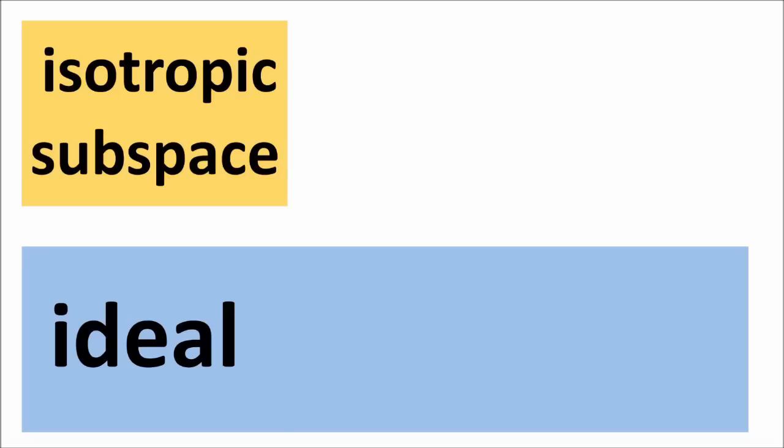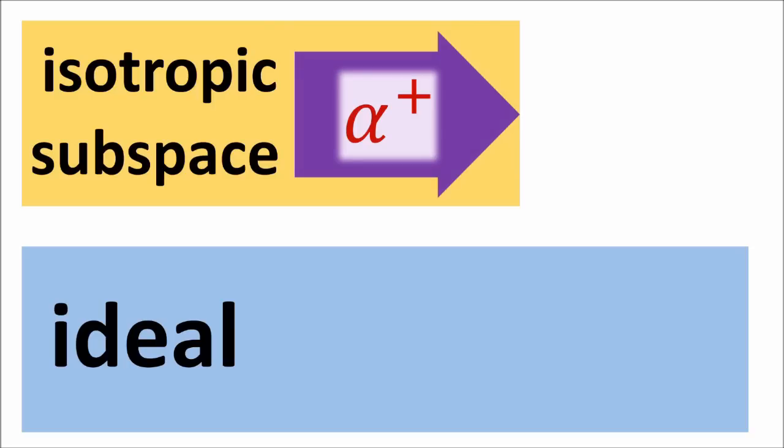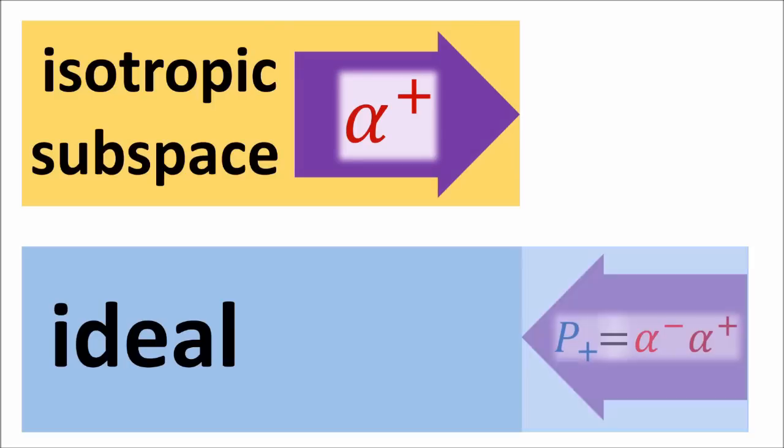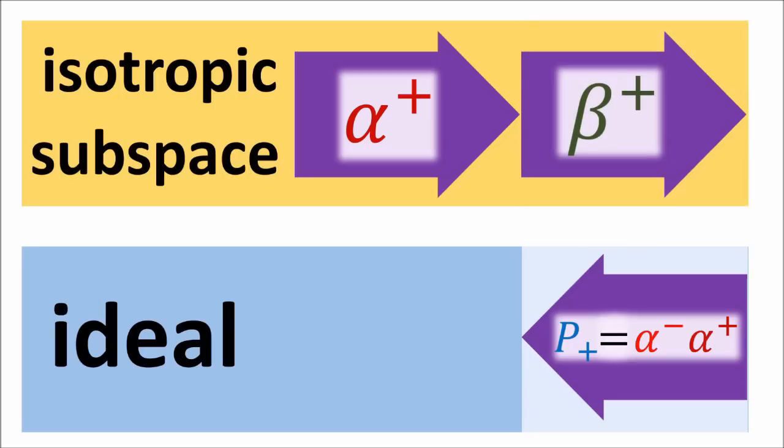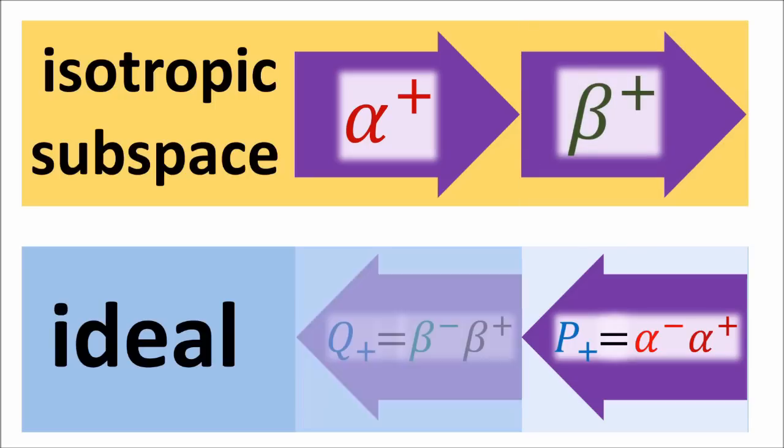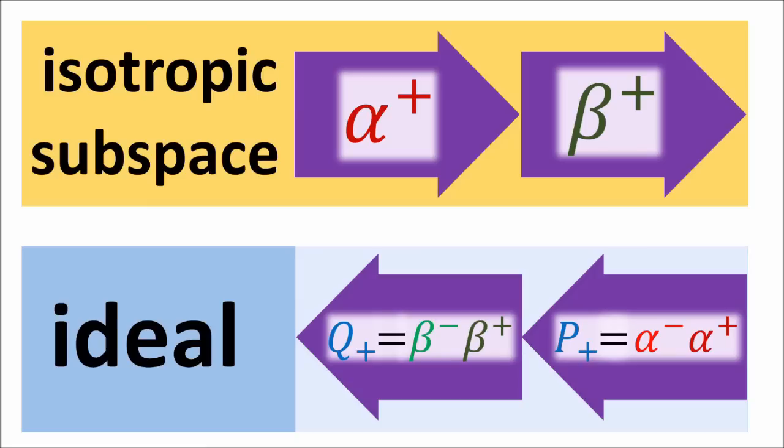So the rule is, we start with nilpotents from an isotropic subspace in our Clifford algebra, then use them to build a projector to get an ideal. If we need a smaller ideal, we expand our isotropic subspace to get another projector to get a smaller ideal. The larger our isotropic subspace, the smaller our ideal.